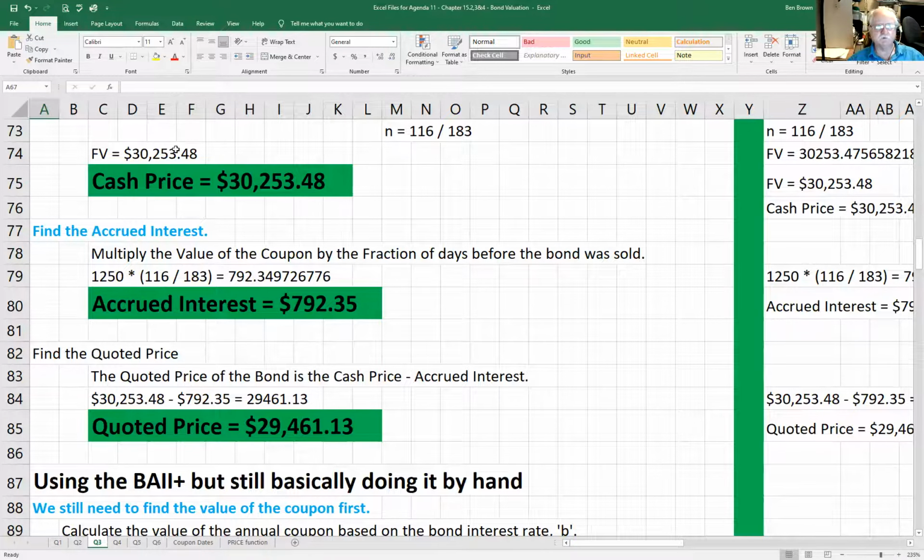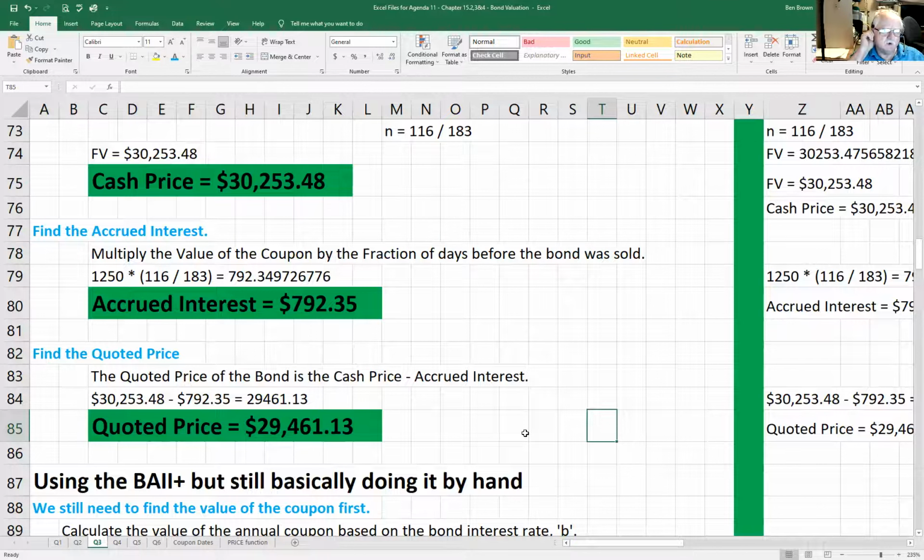So although we have a cash price of the bond, which is what someone would actually pay for it, just to make it totally confusing, they have this thing called the quoted price of the bond, which is what the bond would be quoted at, which is only this 29,461.